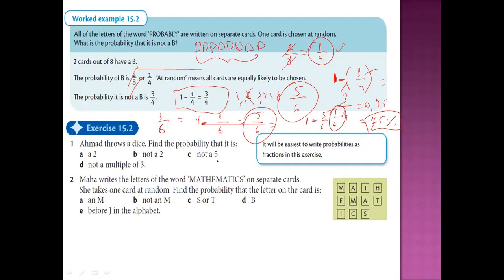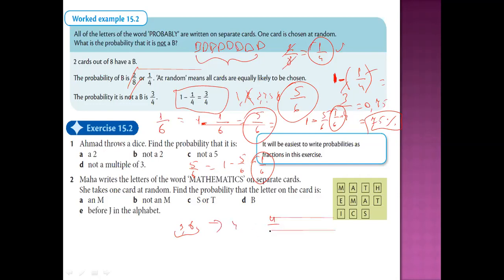Another 5, also the same way you can follow it: 1 minus 5 over 6, 6 minus 5, is 1 over 6. And not a multiple of 3. Multiples of 3 in a dice are 3 and 6. That's why the others we have 4 outcomes.